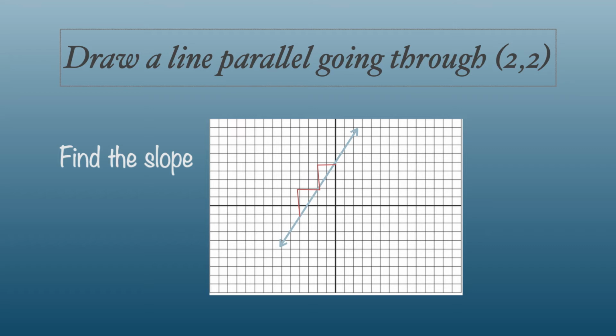I'm rising up 3 and to the right 2. My slope then is 3 over 2. So for a parallel line, my slope has to be 3 over 2. I'm going to start at point (2, 2), and I'm going to rise 3 and run 2. And there's my new parallel line.